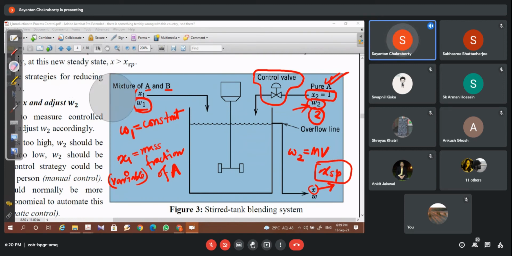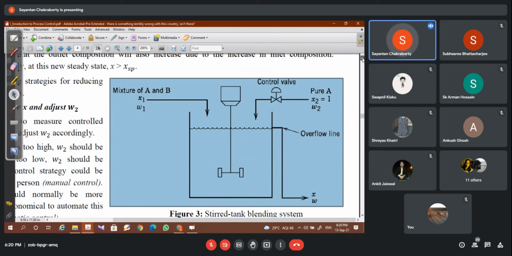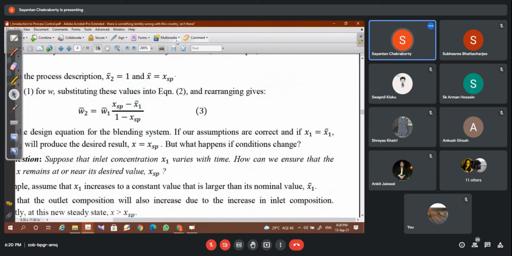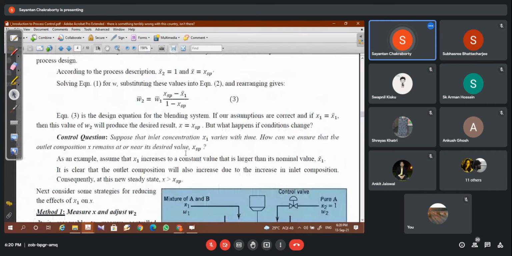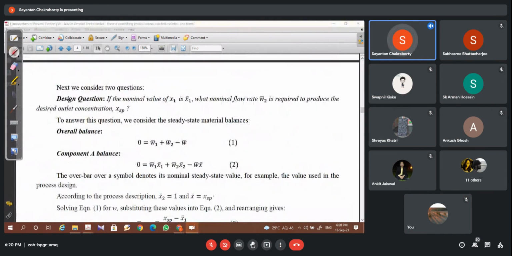Right? Let us see how we can design this. First of all, you have to design this system, right? So that this XSP is achieved at the output, we get that particular concentration at the outlet. So the design question is, if the nominal value of X1 is X1 bar, and the nominal flow rate of W2 bar is required.